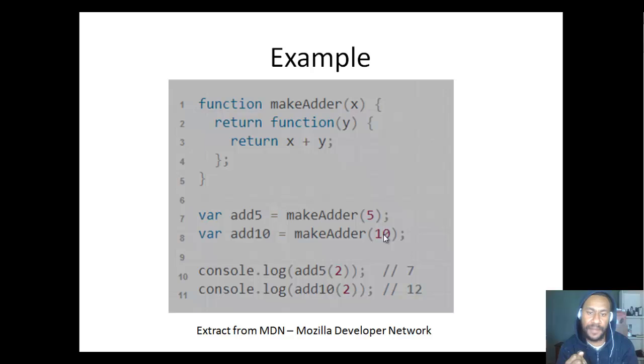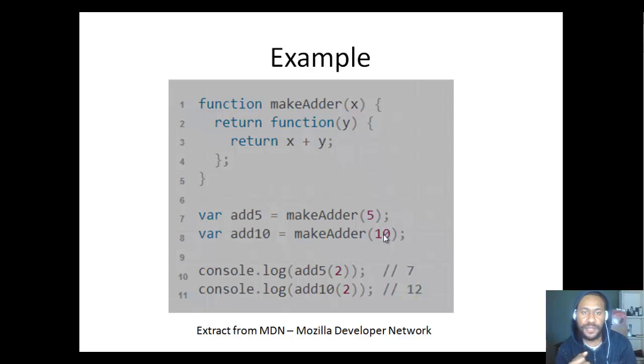Therefore, with makeOther, you may create a variable and assign it, say, add5. Now it holds the full environment plus the function makeOther. You may reuse makeOther two times, one for the first variable and one for the second variable.